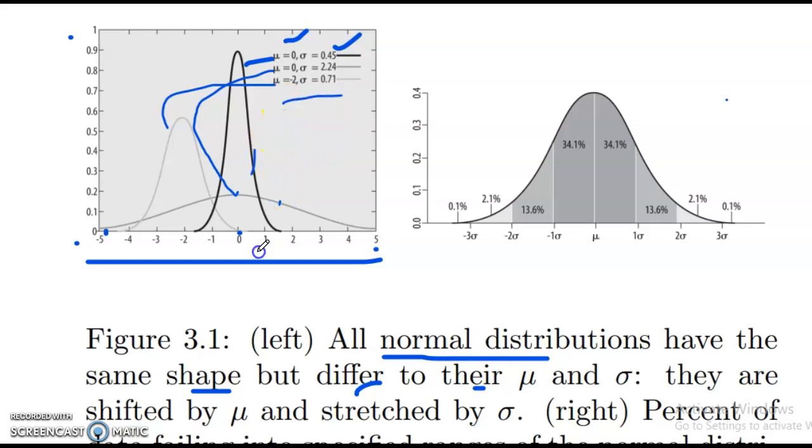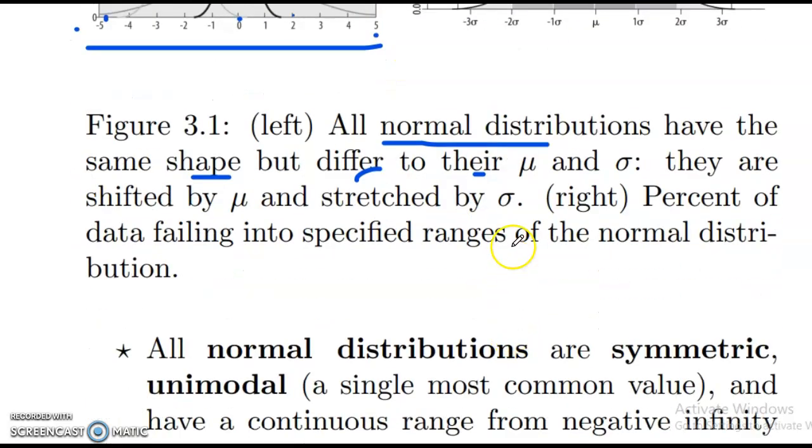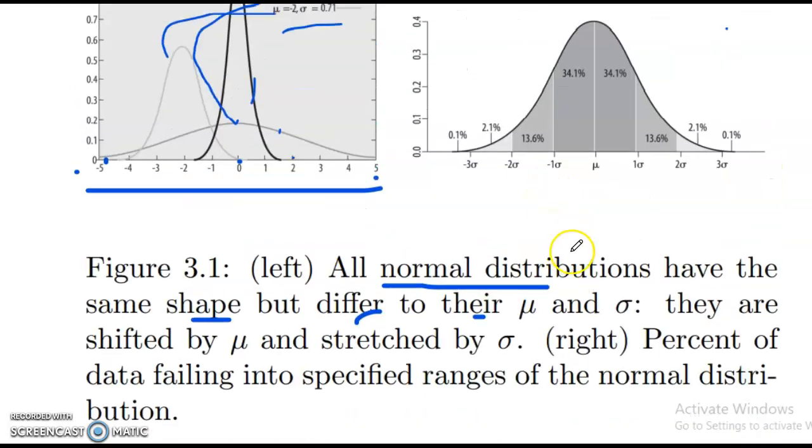When mu equals 2, sigma is 0.71. They are different: shifted by mu and stretched by sigma.